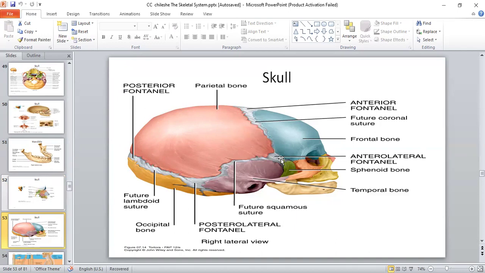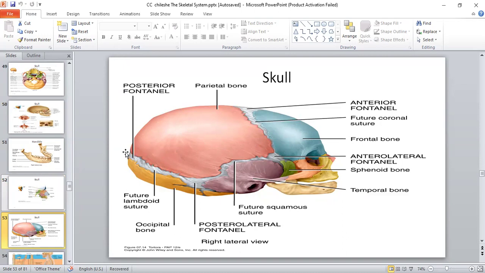Along the same sutures, we have in front, where the two parietal bones meet with the frontal bone, a triangular space in the middle. All these spaces, by the way, are going to be known as fontanels.